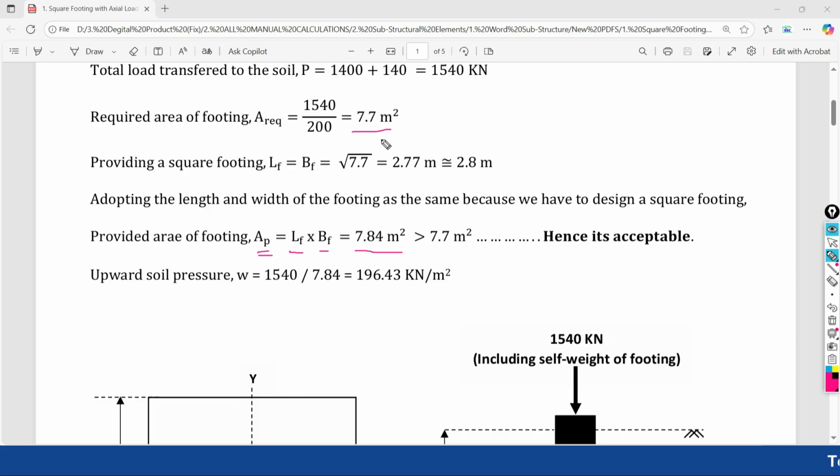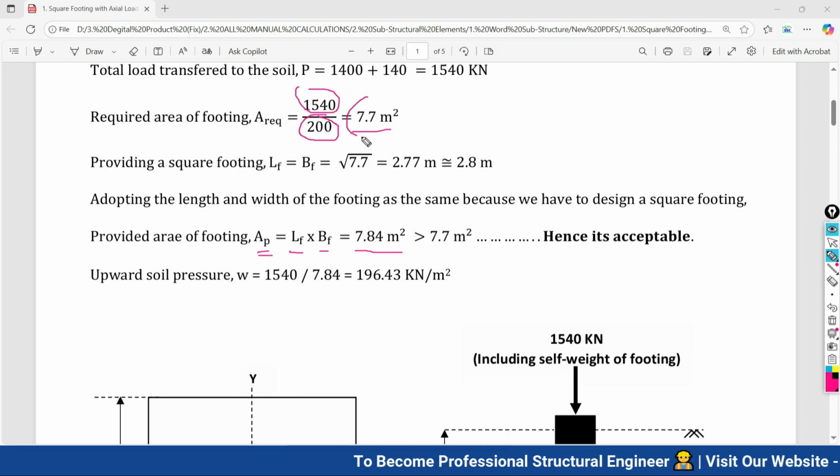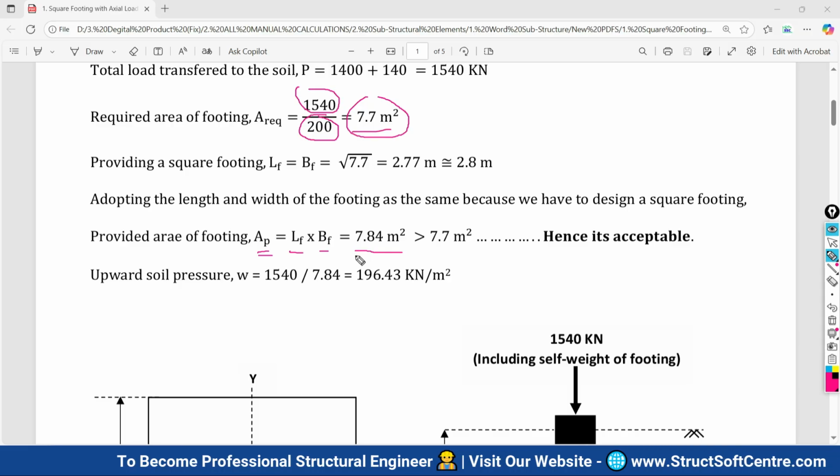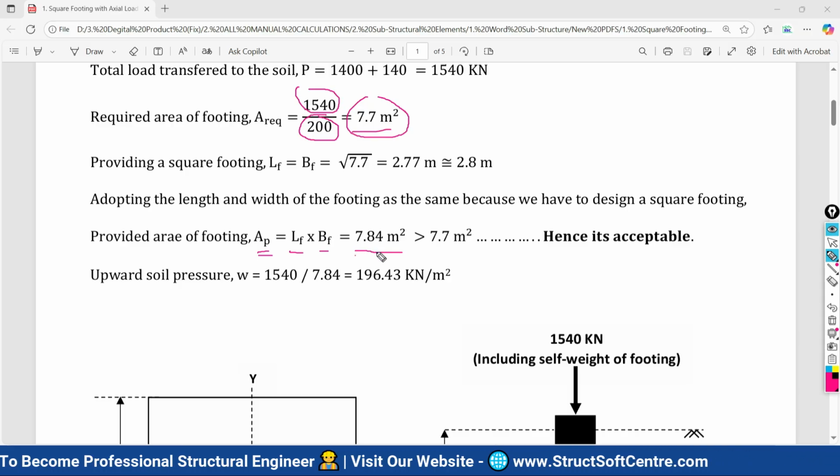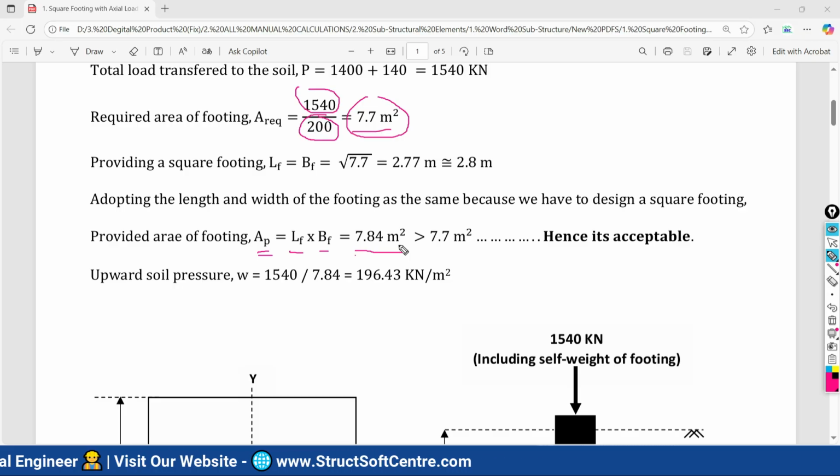For the safe transfer of the load over the soil having an SBC of 200, we need to provide 7.7 meter square area, and we are going to provide 7.84 meter square area. So it is safe. We are providing a little more than the requirement, hence it is acceptable.